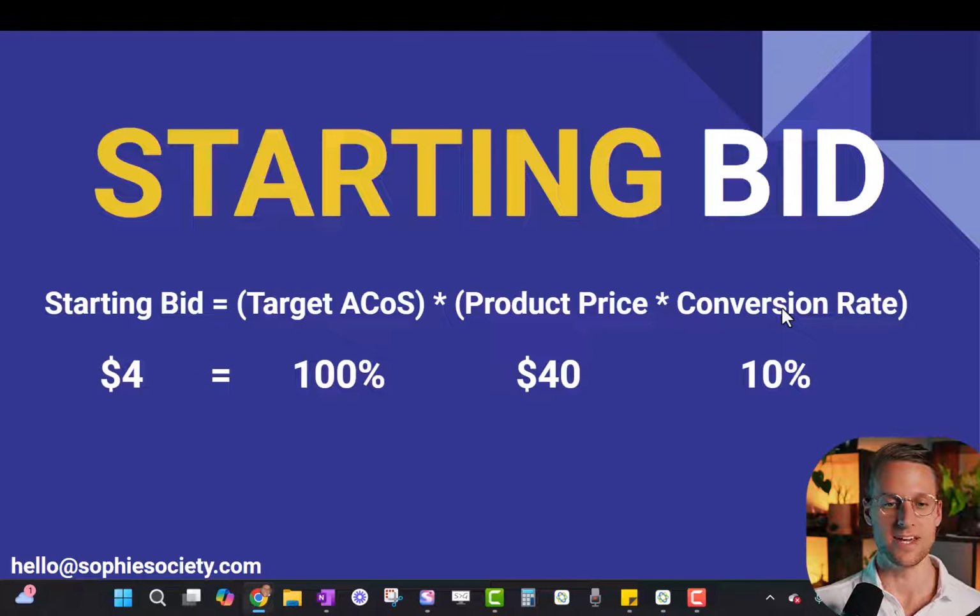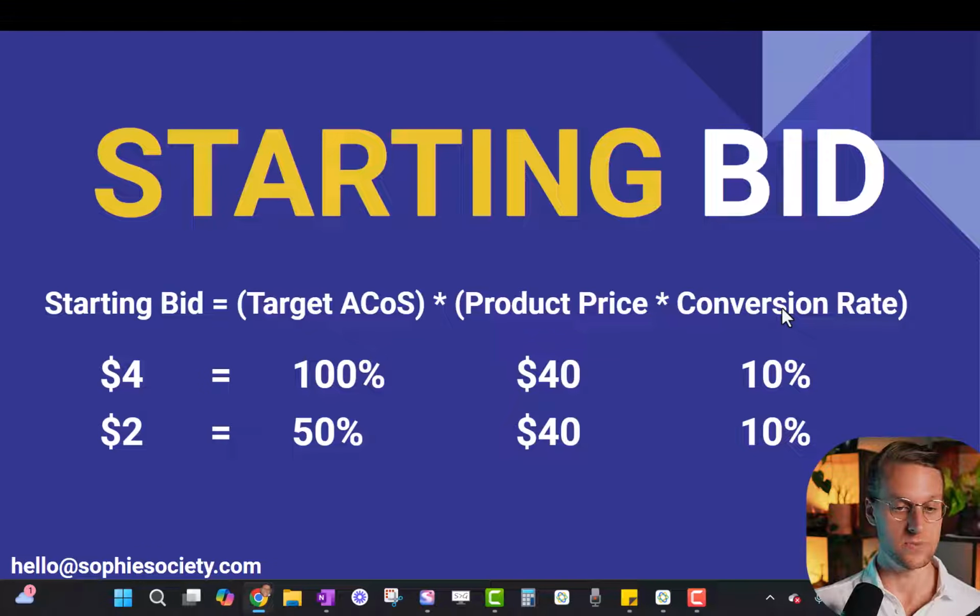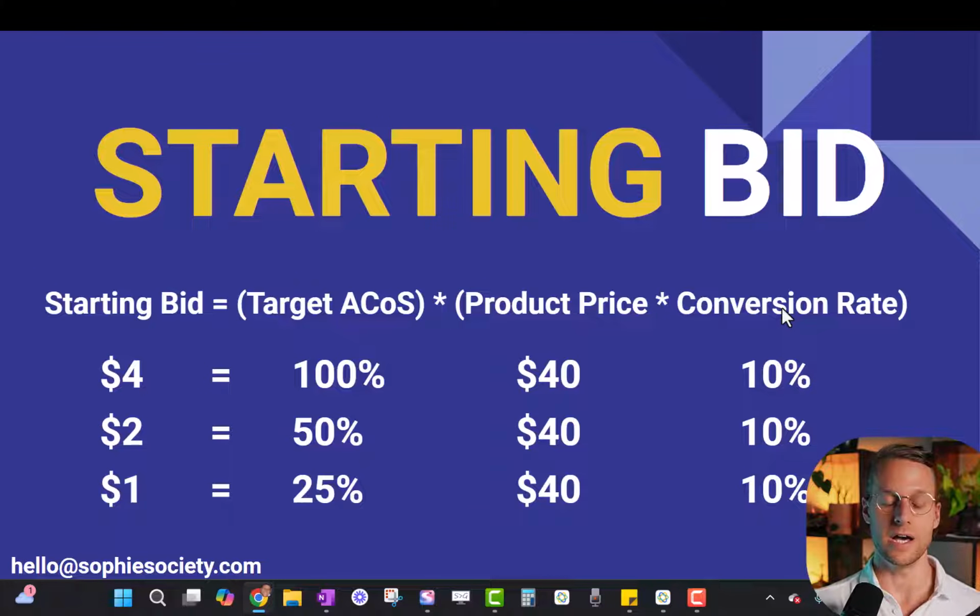Does that make sense? So if my target ACoS was 50%, I was willing to spend 50% of the product price in order to sell that product. Then my product price is $40, my conversion rate is 10%, my starting bid is $2 because it's 0.5 times 40 times 0.1. Again, if it's 25%, my target ACoS, I'm going to do the same thing.